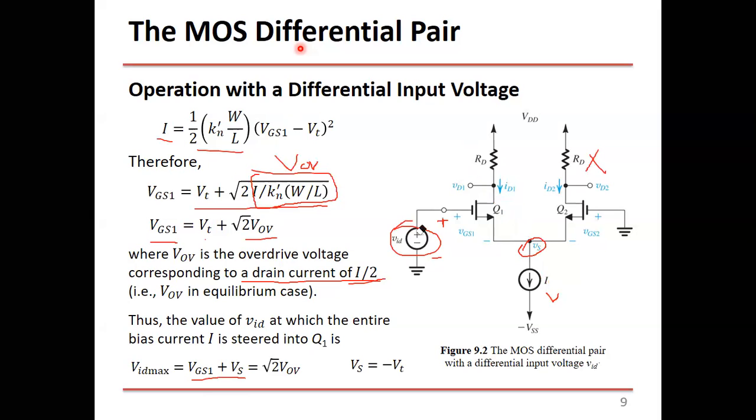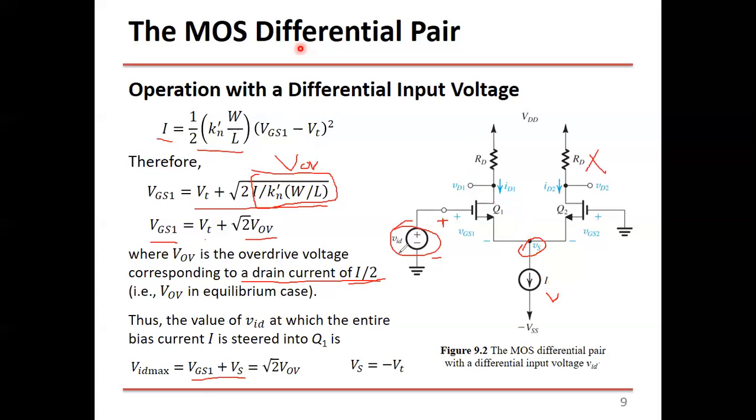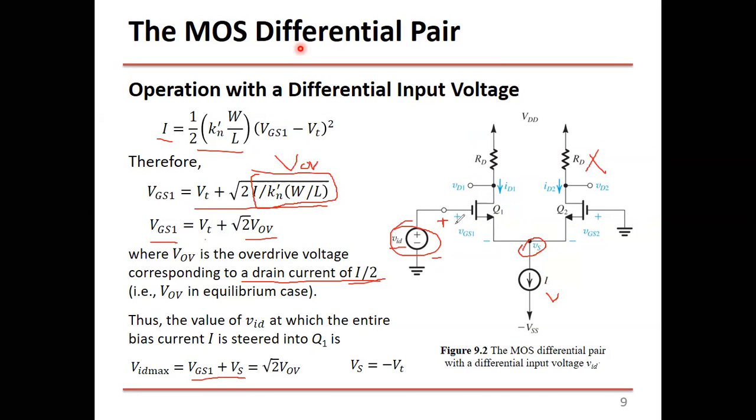So VID, this one, is VGS plus VS, or actually VS is to the ground. So KVL here: VGS1 plus VS. And this should be maximum square root of 2 times V over drive. Okay, now how about the minimum?